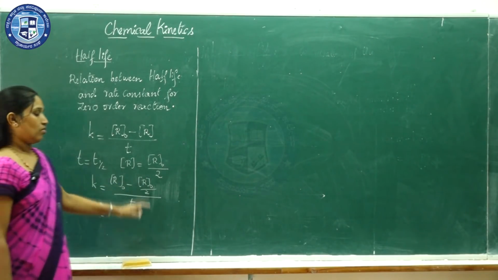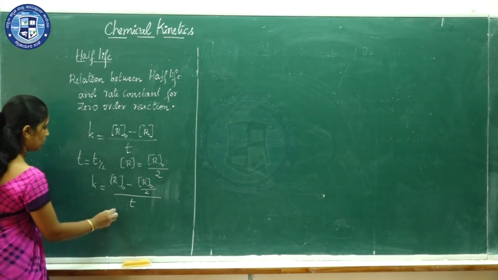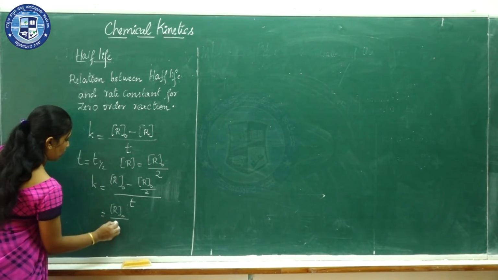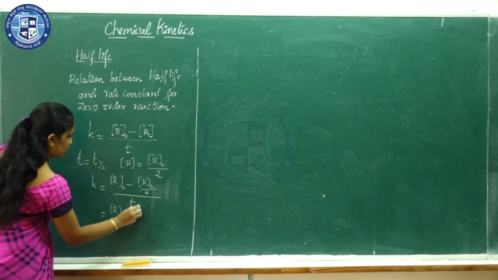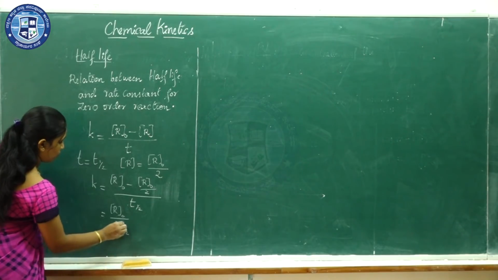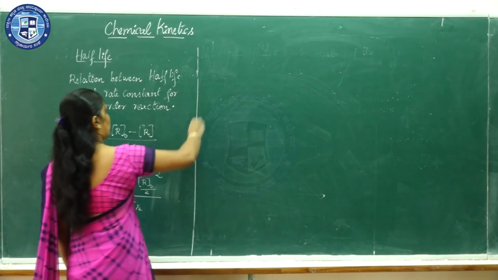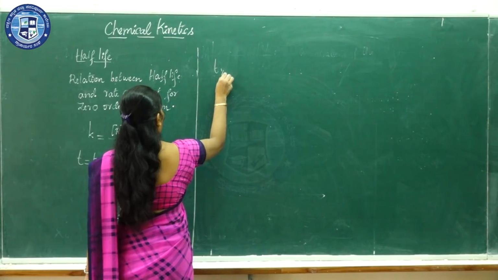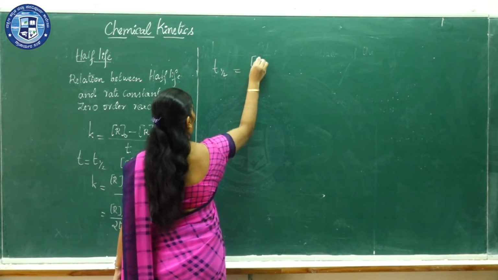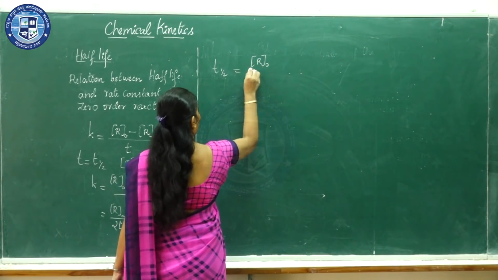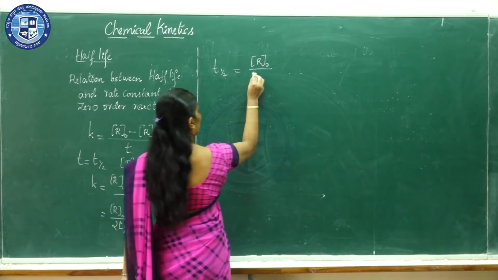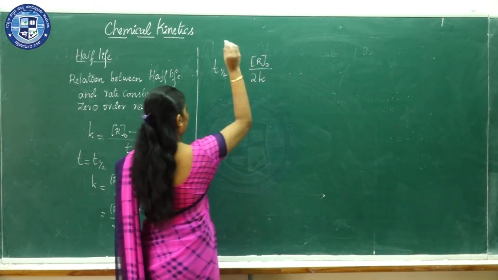So, what is this? 1 minus half. So it is nothing but R naught divided by 2 T half. I can rearrange that and write T half is equal to the initial concentration of the reactant divided by 2K.